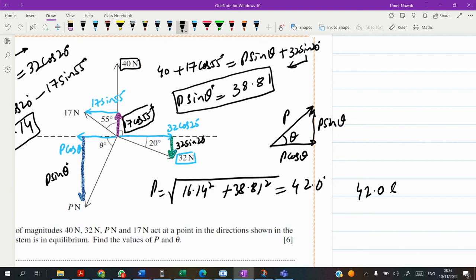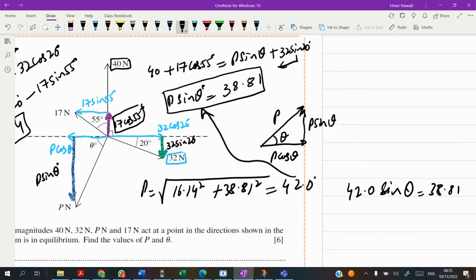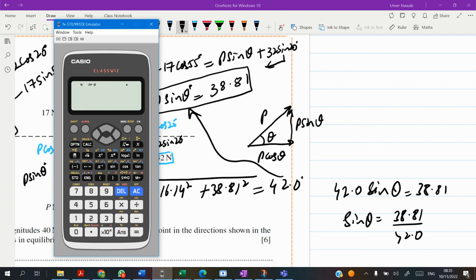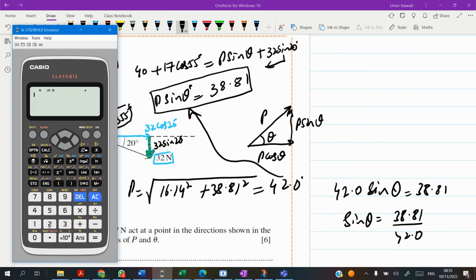Substituting the value of p here, 42.0 sine of theta is equal to 38.81. So sine of theta is 38.81 over 42.0, and shift sine. I'm going to use equation solver: 42.0 times sine of x, equal sign, 38.81, and then shift solve.